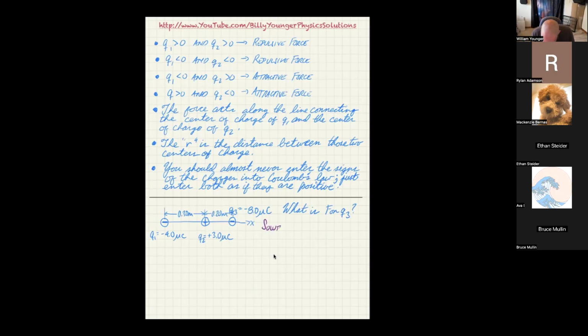What we have to remember is the electric force is a force like other forces we learned about, and therefore it is a vector quantity, so it has a magnitude and direction, and it is a sum of other forces. Specifically, F3 as a vector is equal to the force on 3 as a result of 1 plus the force on 3 as a result of 2.